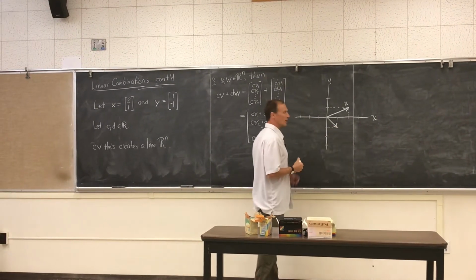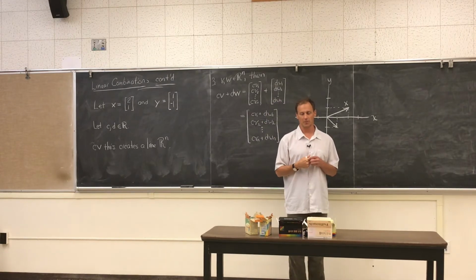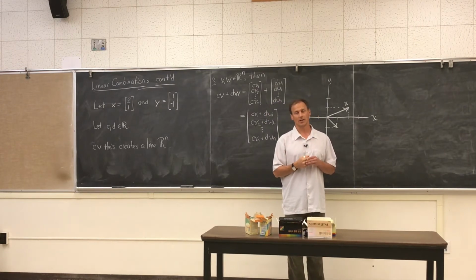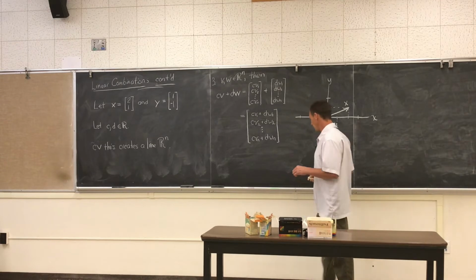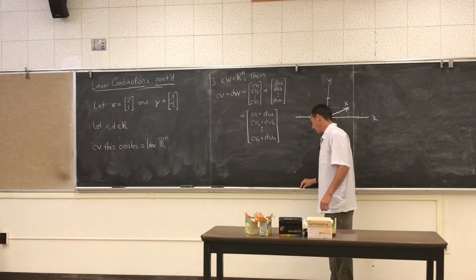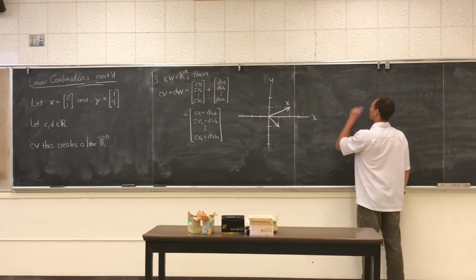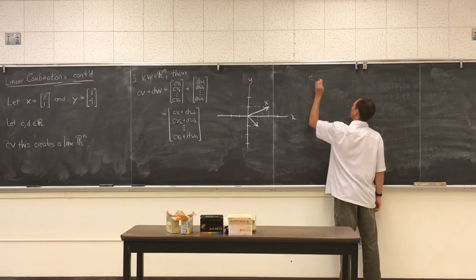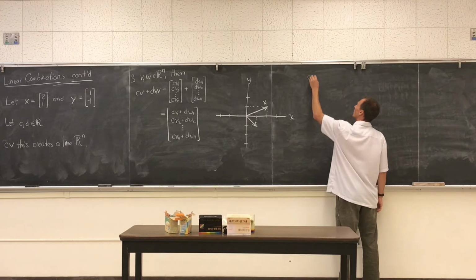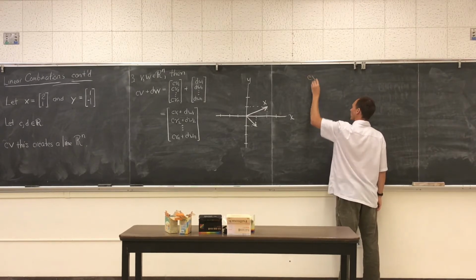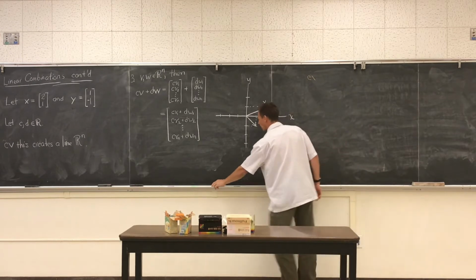Now, here's where I need you to follow with me, because we're going to just do this as a thought experiment. A thought experiment. What we're going to do is we're going to do a few cases. So let's try this. I want to use my white chalk and an eraser.